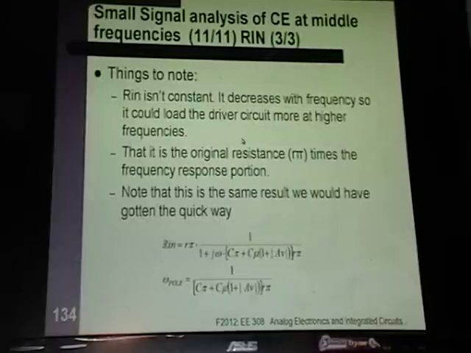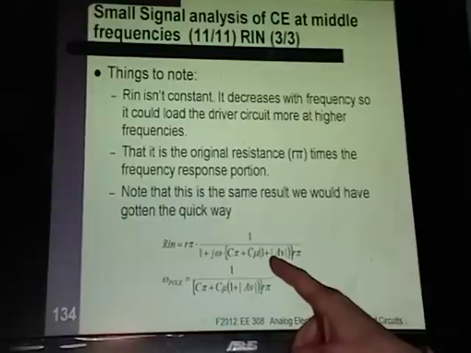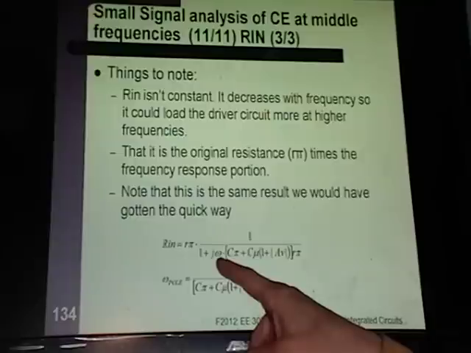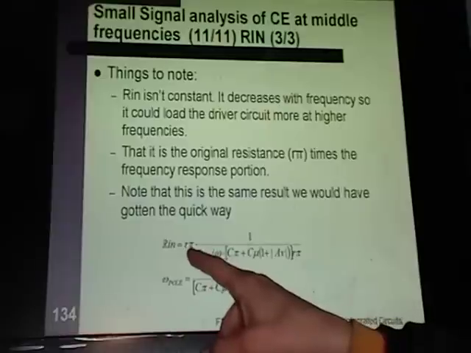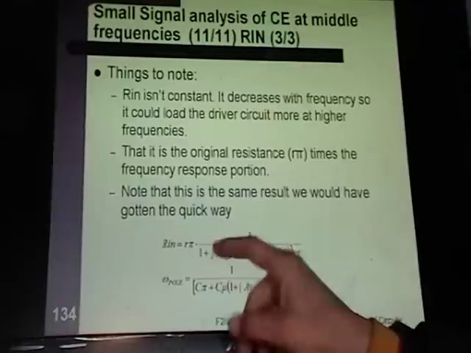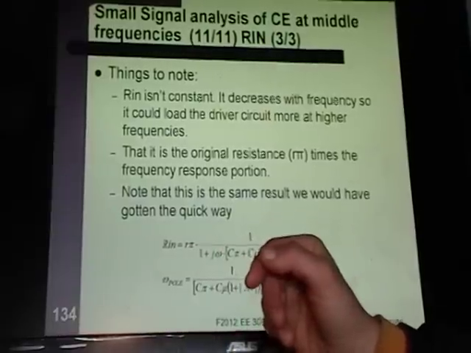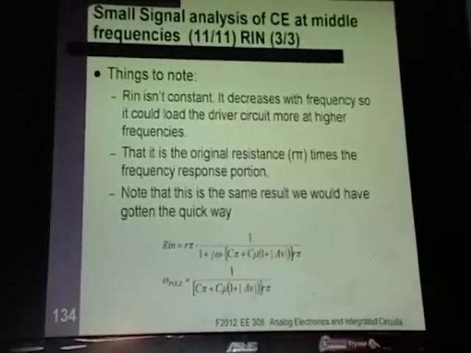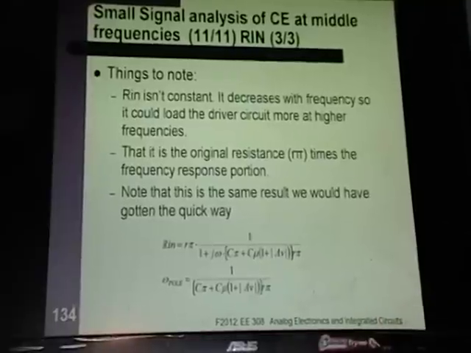Things to note: Rin is not constant. It changes with frequency. At a higher frequency, this is going to load the previous circuit more than at a low frequency. So the Rin drops as frequency increases, and you get worse loading effects. Not only is your signal being filtered, your loading is going to increase.